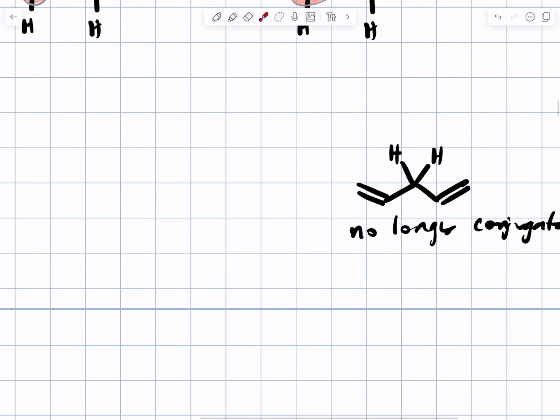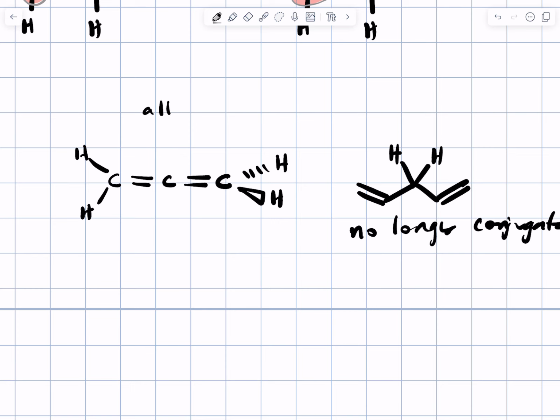The idea is that the pi bonds or the p orbitals have to be able to line up with each other in order to be conjugated. To illustrate that point, I'll show you the following molecule. This molecule is called allene, and it's got 2 pi bonds in it, but those 2 pi bonds are not conjugated with each other, even though they're adjacent to each other.